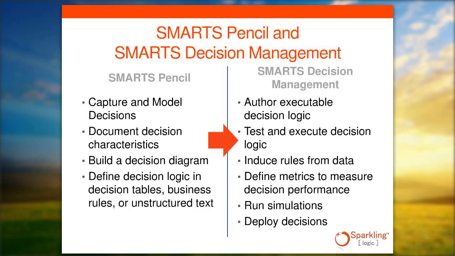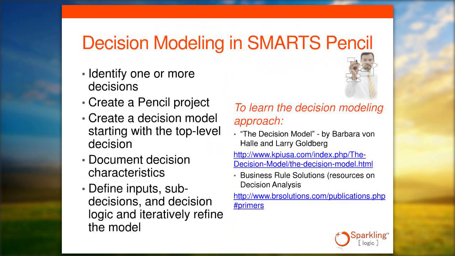So what we're going to be looking at today is how Pencil Decision Modeler and Smart's Decision Management work together, and how you can begin in Pencil and then move into Smarts and refine, test, execute, run simulations on that decision logic. So the steps that you go through when doing decision modeling in Pencil, and I've touched on this just briefly, but first of all, you're going to identify your decision.